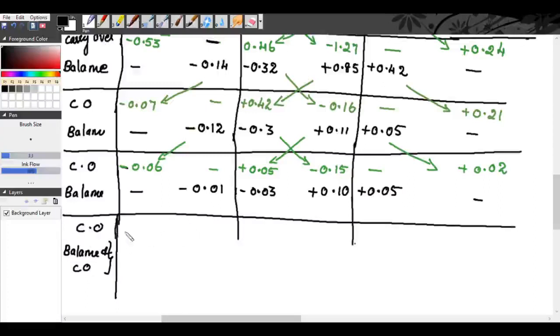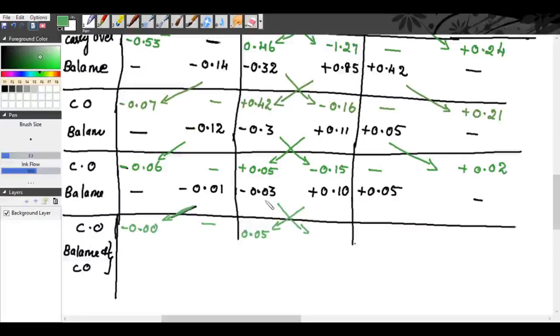So the last carry over. As usual, I am carrying this from minus 0.01 divided by 2, it is minus 0.005. I will stop with this. So here carry over plus 0.10 divided by 2, it is plus 0.05.